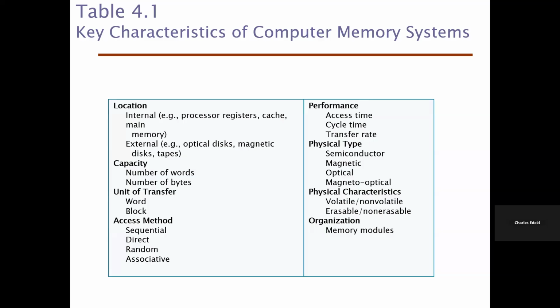Then we also have the unit of transfer, by word or by block. And then we have the access method. The common one we know even from programming courses is sequential, in order.